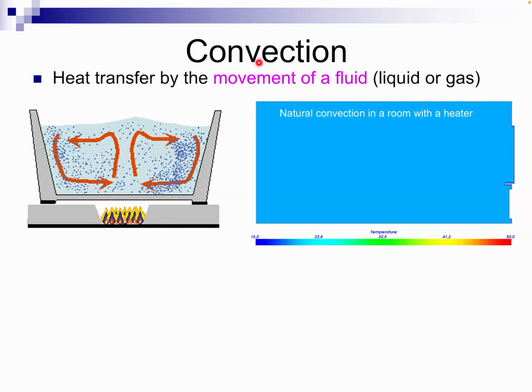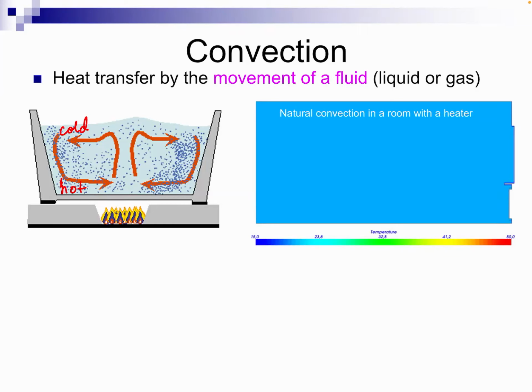Whereas in heat transfer by convection, there is an actual mass movement of particles making up the liquid or gas. An example is boiling or heating up water, how heat is transferred from the bottom of the pot to the top of the pot. Of course, the bottom part will heat up first. When water heats up here, the water will expand, right?